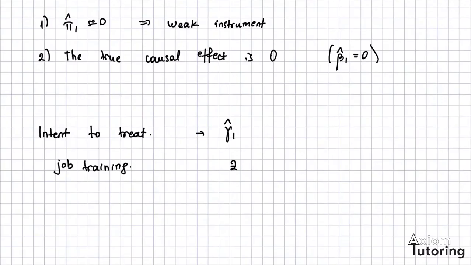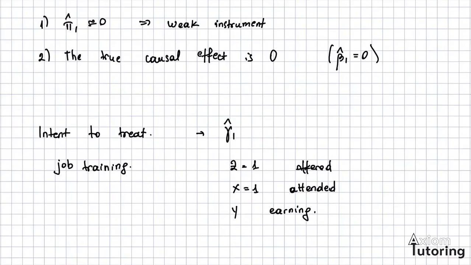Where let's say Z is equal to 1 if you're offered the program, X1 is whether you attend it. So Z1 is offered, X1 is attended, and you've got Y, that is earnings. The ITT is asking, what is the effect of being offered the program on earnings?